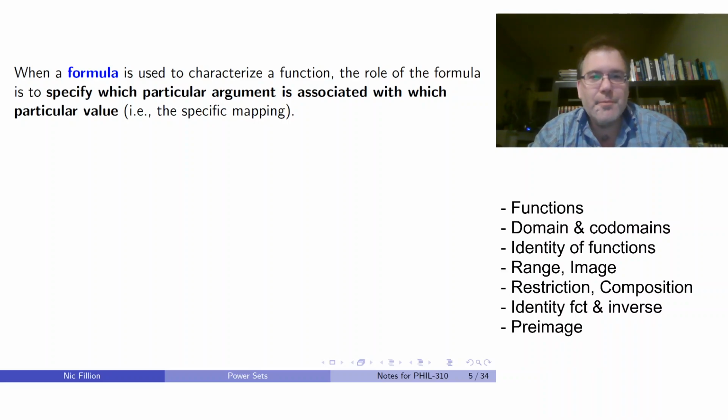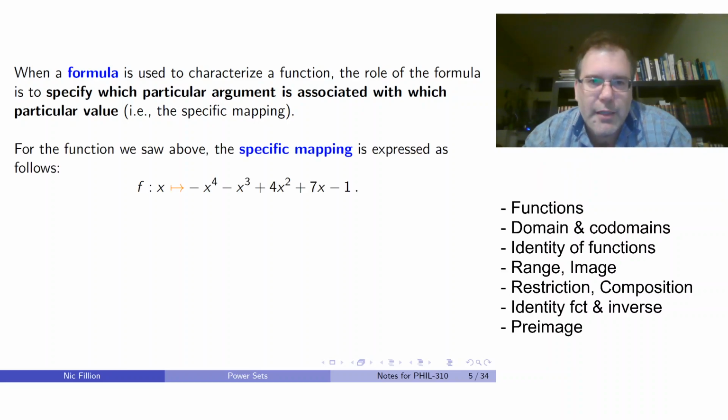So then we say that the formula specifies a particular mapping of the elements of the domain to the elements of the codomain. And that formula is going to be a general recipe, which is why we talk about a specific mapping, a general recipe to associate elements of the domain with the elements of the codomain.